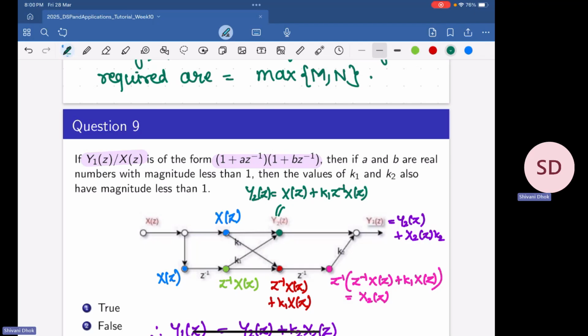So how do we use the small already available blocks to represent a bigger system? There are two ways to do that: one is the parallel form and the other is the cascade form. These two things we will also see in week 11, along with the lattice structure. Is it clear?